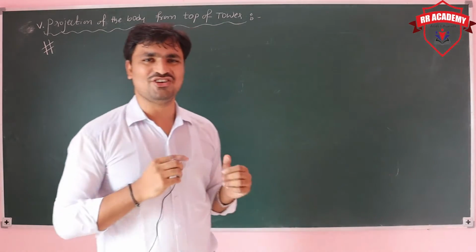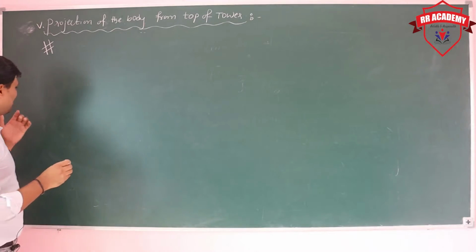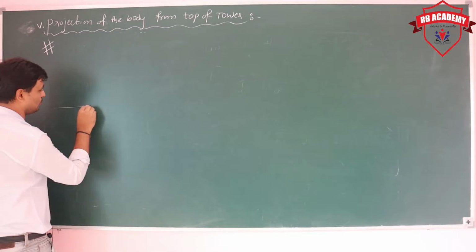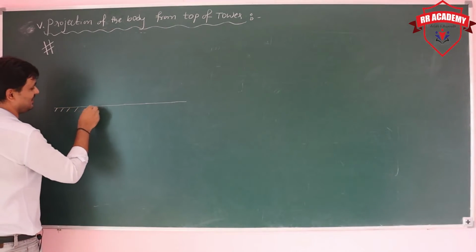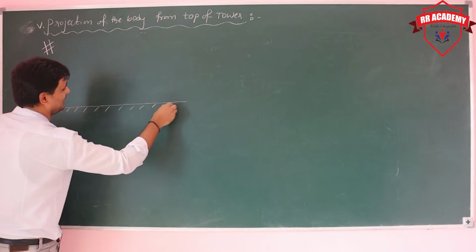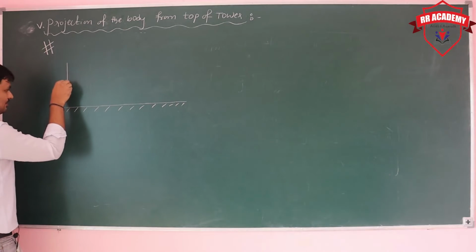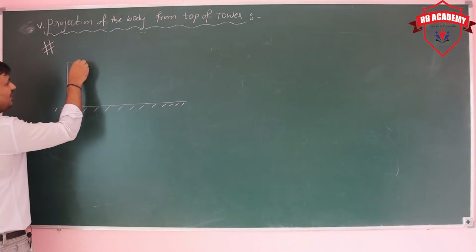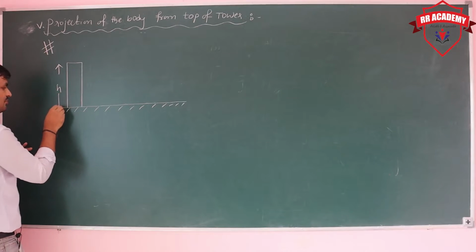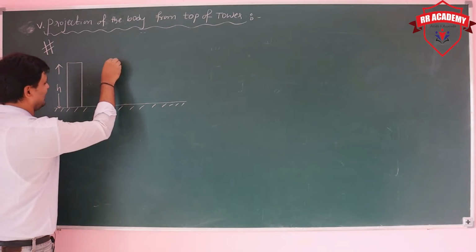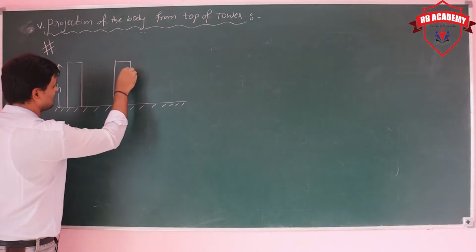So how is the situation? See here what we are considering: 2 or 3 towers, better to consider like that. 3 towers of equal height. First tower of height h, second tower also height h, third tower also height h.